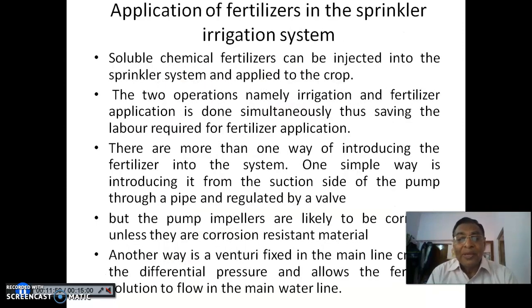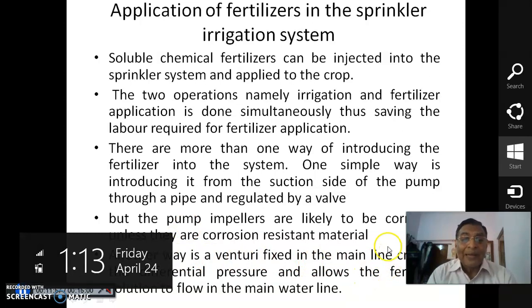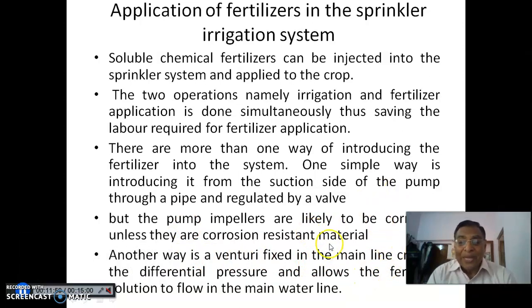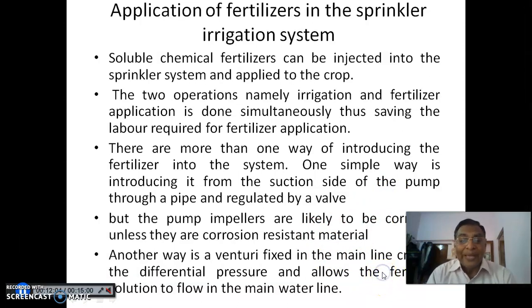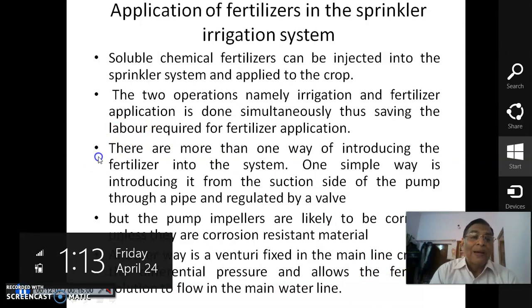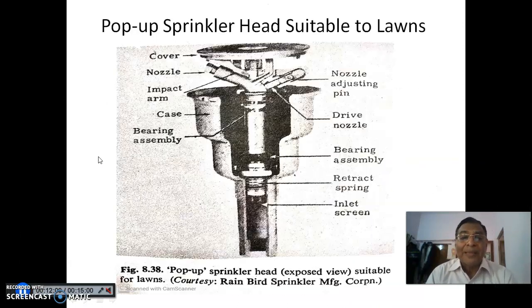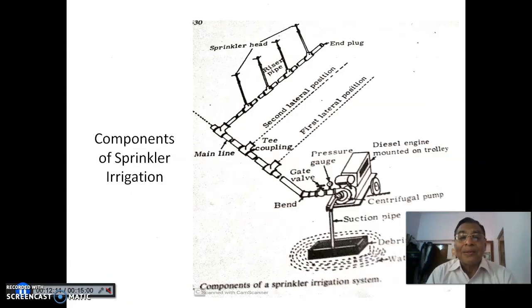Another way is a Venturi fixed in the main line, which creates the differential pressure and allows the fertilizer solution to flow in the main line. So again going back there, by using a Venturi, instead of the fertilizers going and circulating through all of this, you can introduce it here by using a Venturi.